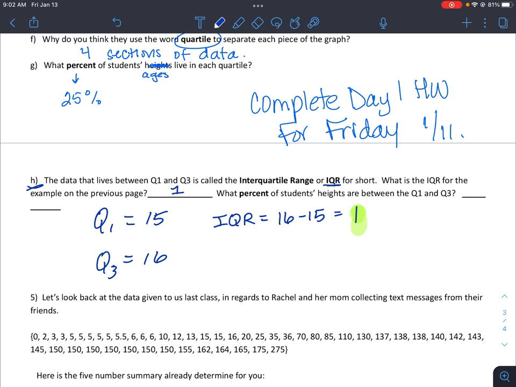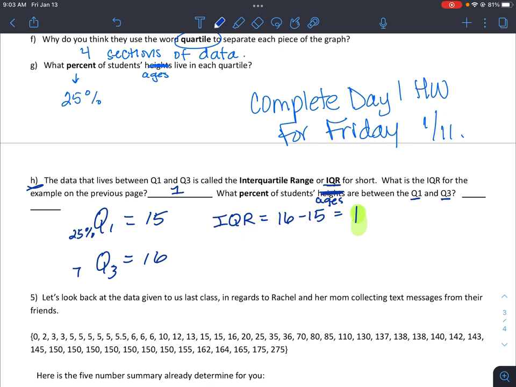So what percent of students' ages, sorry, another typo, are between Q1 and Q3? Remember, Q1 and Q3 are splitting up 100% of the data. From the minimum to Q1 was 25%, so Q1 was at the 25% mark. The median is the halfway mark, which is also Q2 at 50%.